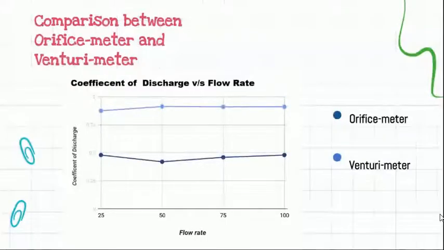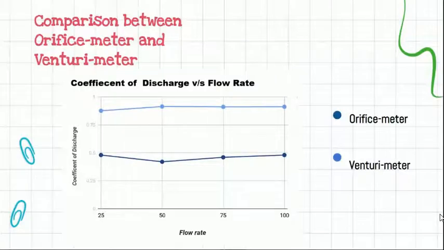As you can see in the graph, the Venturi meter's graph is very high and the orifice meter's is low, whatever the flow rate you take. So it means that the efficiency of the Venturi meter is high, but for the orifice meter it is low, but not very much low. Okay, go to the previous slide please.